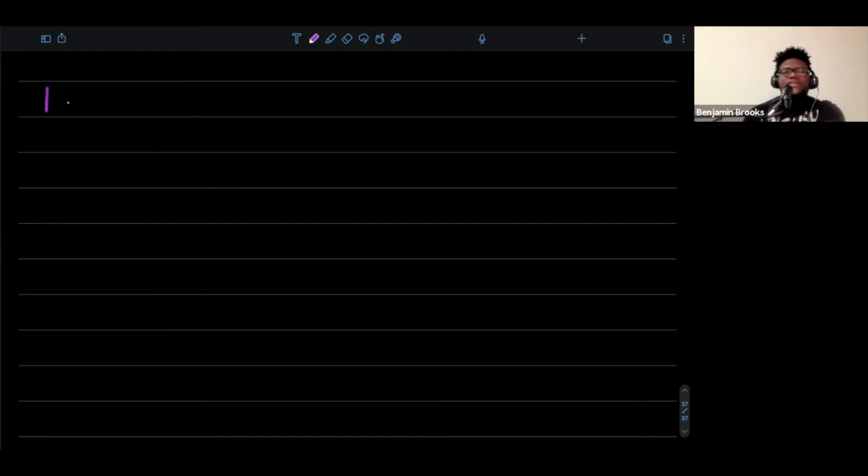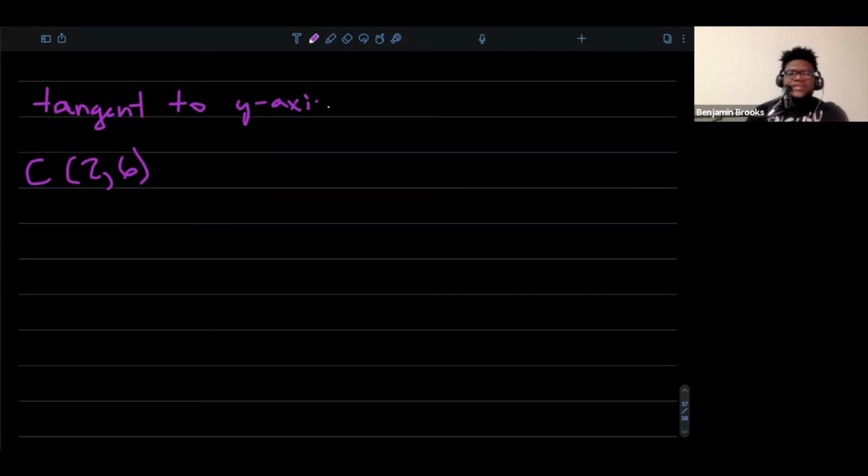Whenever you hear something that says tangent to, once again, let me rewrite the problem. So your center was the point (2, 6), and it was tangent to the y-axis. So what in the world does tangent to mean? Tangent to means touching, right?